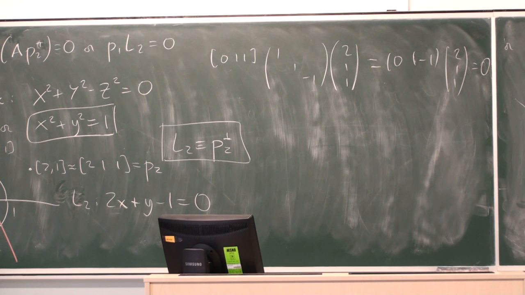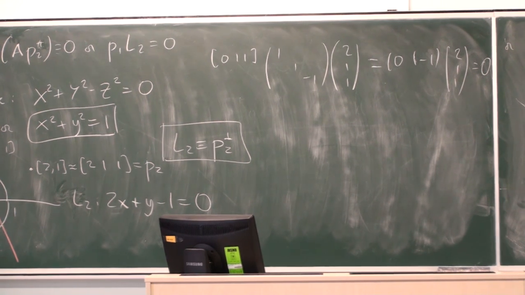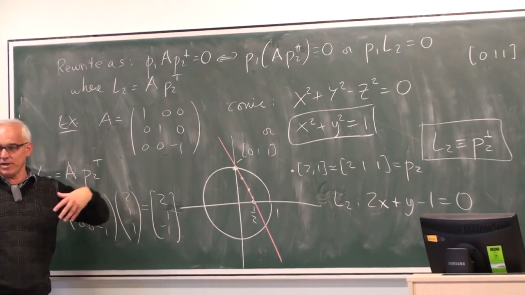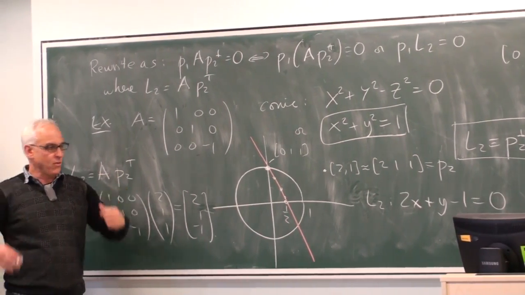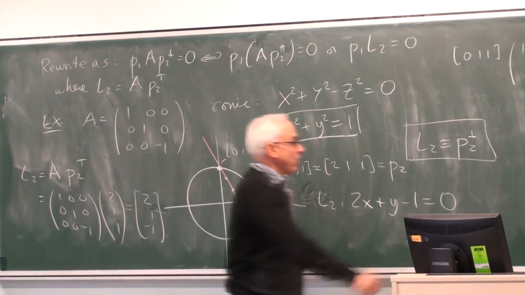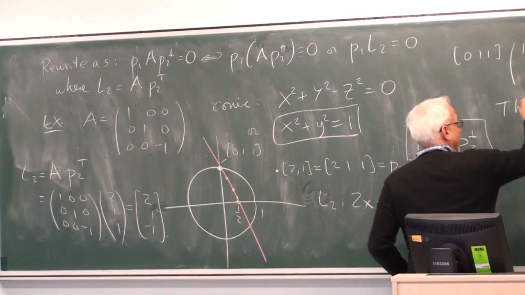So what we have here is that if we start with a matrix A, we have a new notion of perpendicularity, a projective notion of perpendicularity, which actually goes back to Apollonius.